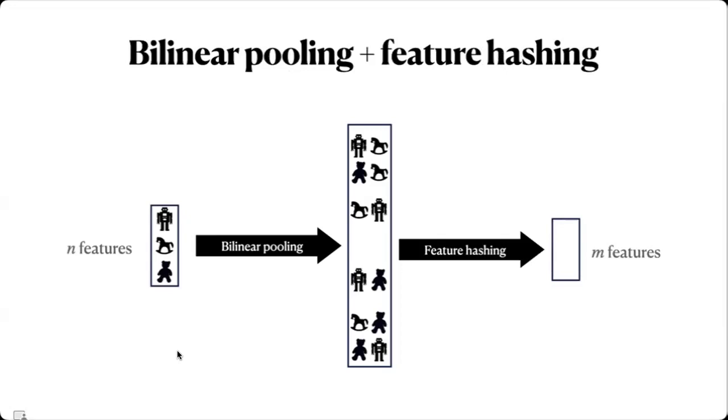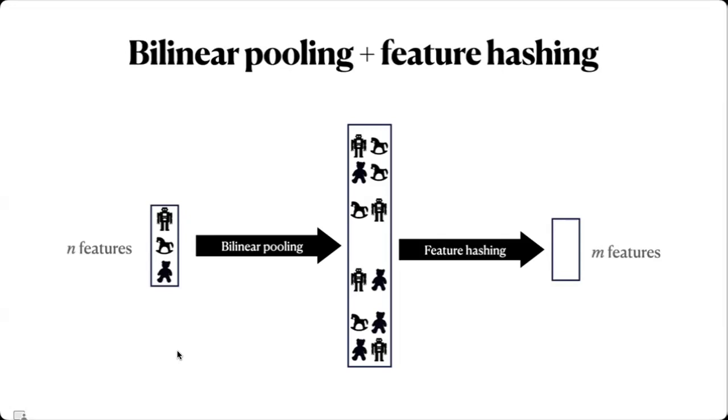So now we still have these nice properties: we can estimate the weight of a pair of features, we can compute dot products between vectors of this form, and so on. But of course, this seems kind of expensive, right? We create this big n squared dimensional vector just to end up afterwards with a much lower dimensional vector.